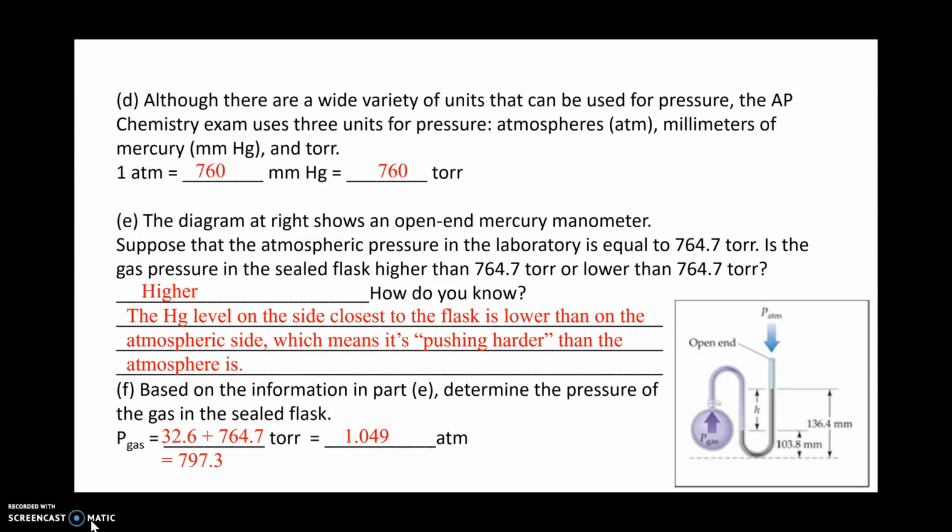Well, that plus the atmospheric pressure of 764.7 torr comes out to be 797.3 torr, which we know is greater than 1 atmosphere. So we do a little unit conversion. We multiply by 1 atmosphere divided by 760 torr, and we get 1.049 atmospheres.